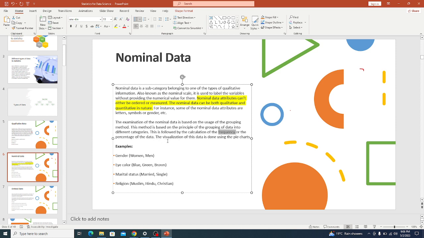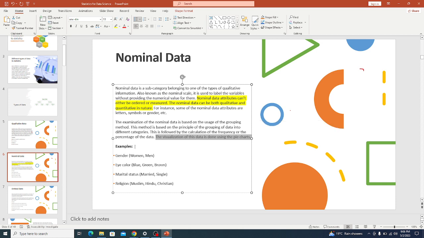Majorly we can visualize that data using pie charts, because it is categorical.